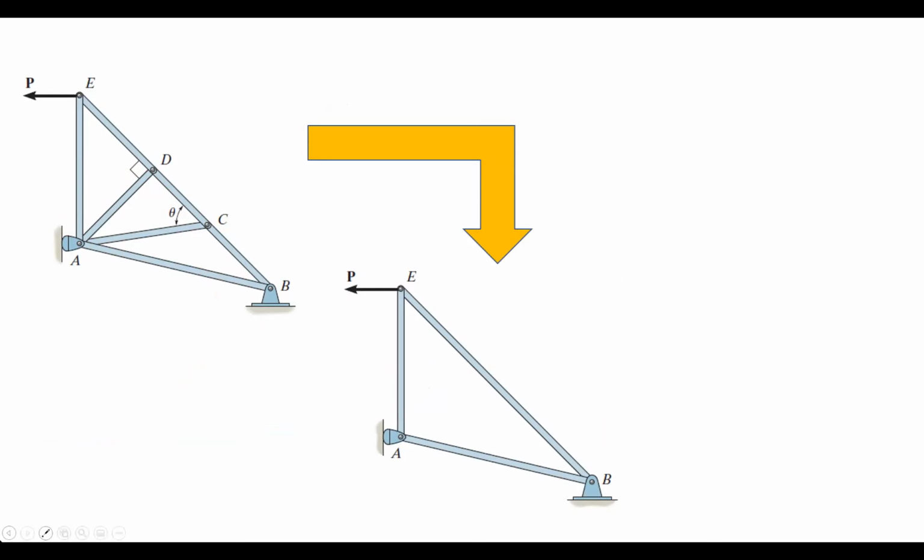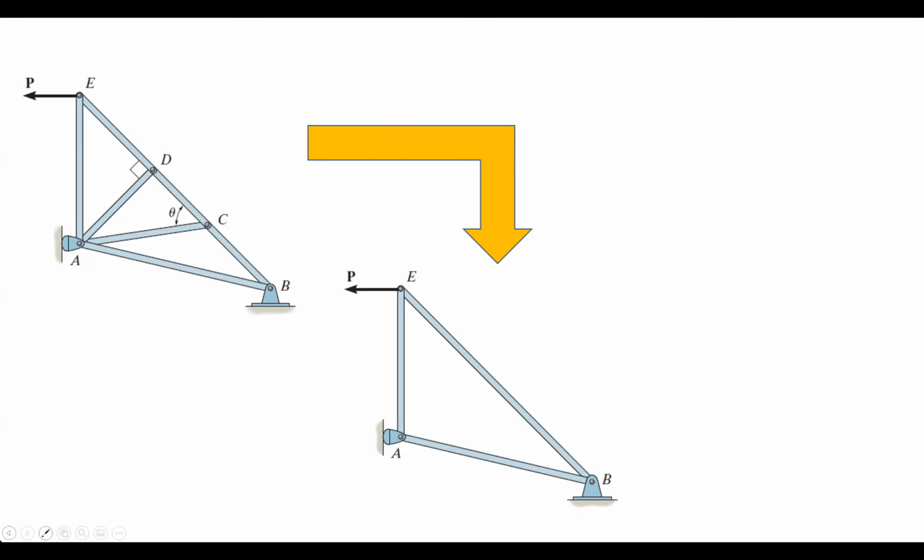Basically, a zero force member is a member that's supposed to be there. We cannot delete it. But based on the loading given in the problem, that particular member exerts no load. That's why we consider it a zero force member. For other types of loading, that member may not be zero. So everything depends on the load on the problem.